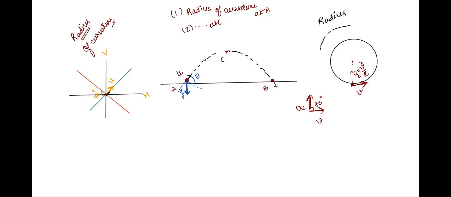Now, in order to find the radius of curvature, the formula is AC equal to V square by R. So R will be equal to V square by AC.